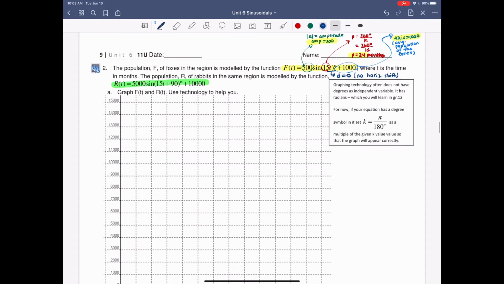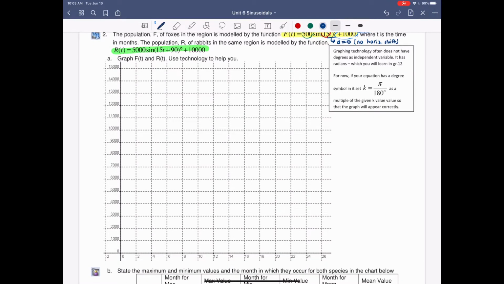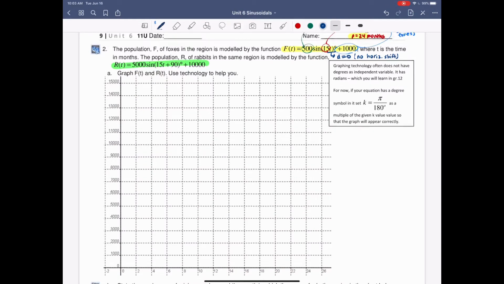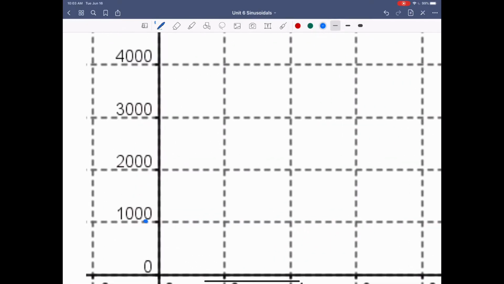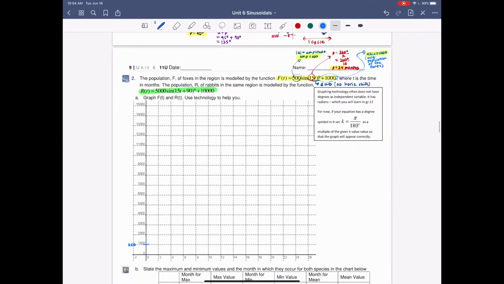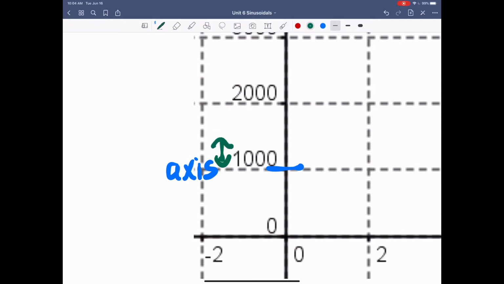So maybe I'm going to work on one equation and one graph at a time so that it's not overwhelming, hopefully. What I'm going to do is locate where my axis is, because that's where I'm going to start off. I know that the amplitude value was 500.